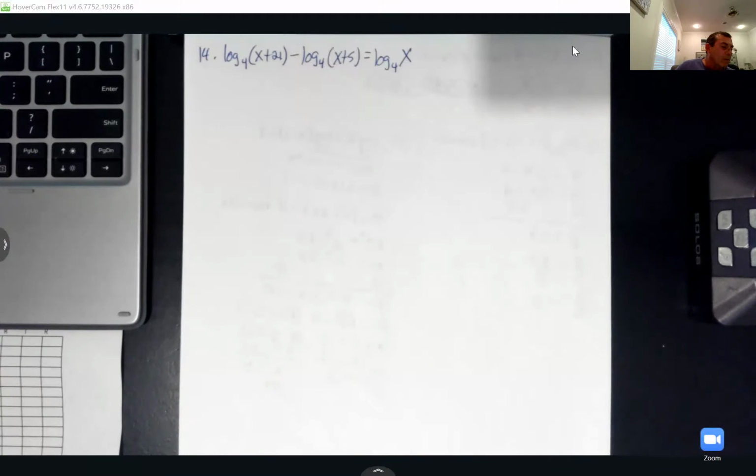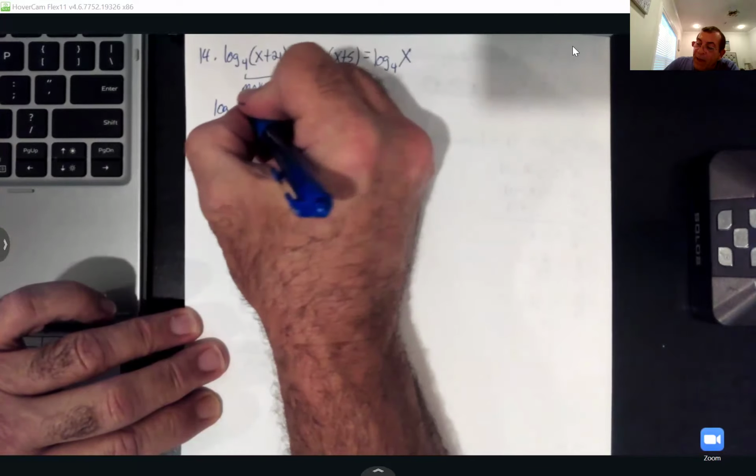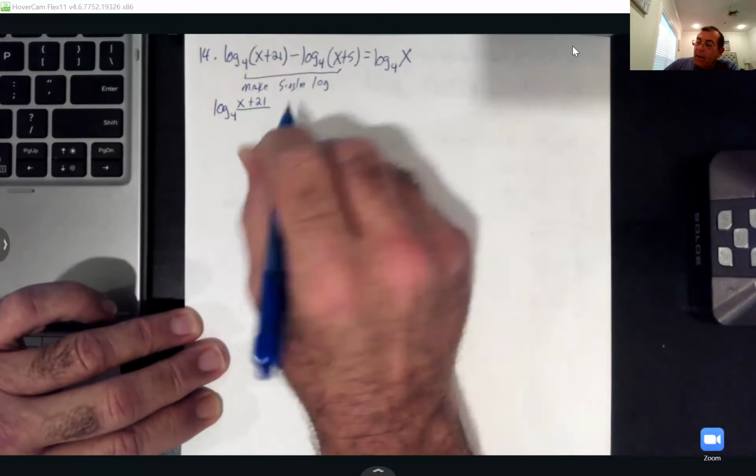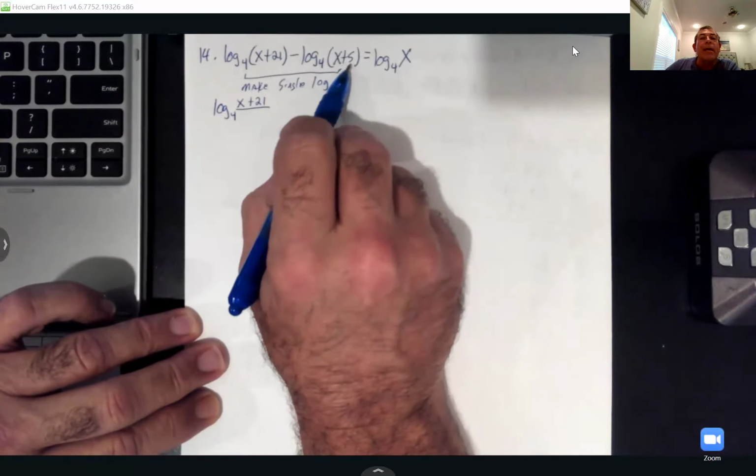All righty. We got to make a single log over here, remember? And these are being subtracted, so they're going to look like a quotient. So bring out that log base 4. You'll have the x plus 21 on top because it's the positive factor. And then on bottom will be the x plus 5 because it was the negative factor.